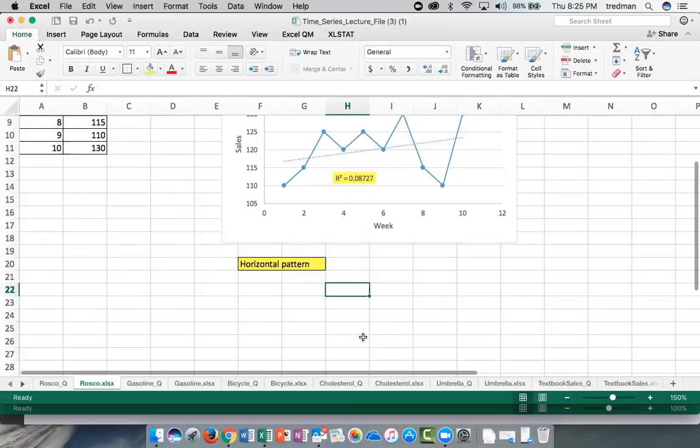Then when I run the exponential smoothing, I'll look at the same values and compare those to what I got for the 3-week moving average. And whichever forecast has the smaller values will be considered the more accurate forecast and would be the one that we would prefer to use.